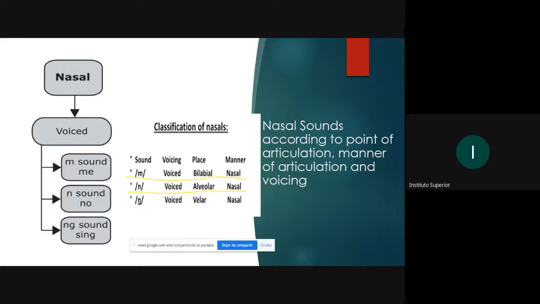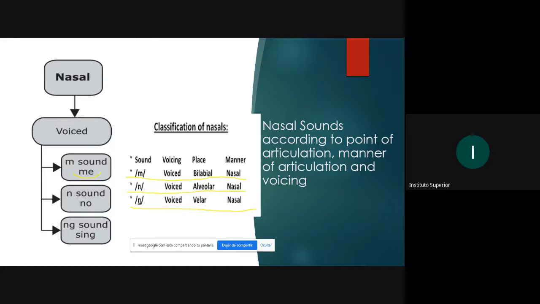Another participant, the last one. Voiced, velar, nasal. Okay. Thank you, good.